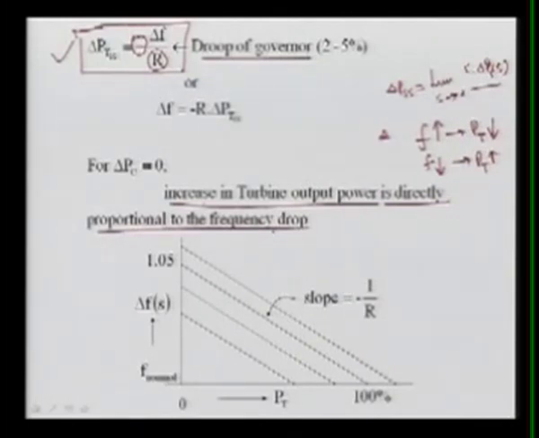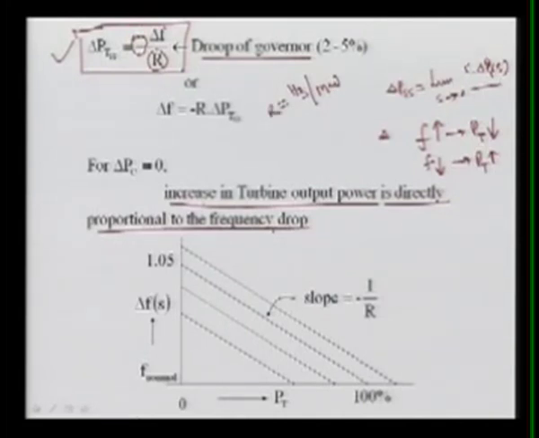This characteristic is called the droop of the governor, and normally the value of R is kept between 2 to 5%. I'll come to that point. What is the 2 to 5%? Basically, the unit of R, you can see here, is hertz per megawatt.